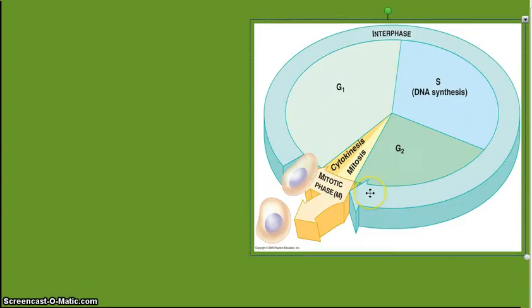So here's a better diagram, or a more clear diagram of the life cycle of a cell, the cell cycle. And it's divided into 3 main stages. The first is interphase. Okay, and interphase is this large blue part that goes almost all the way around.